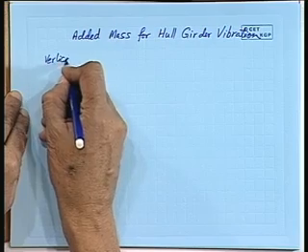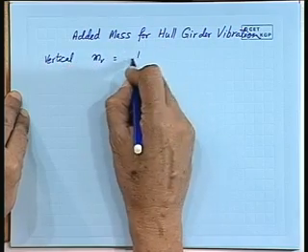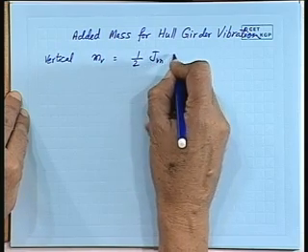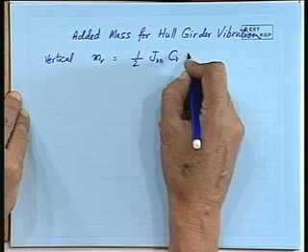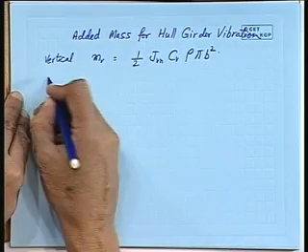Vertical condition, added mass is given by half JV and CV rho pi B square.